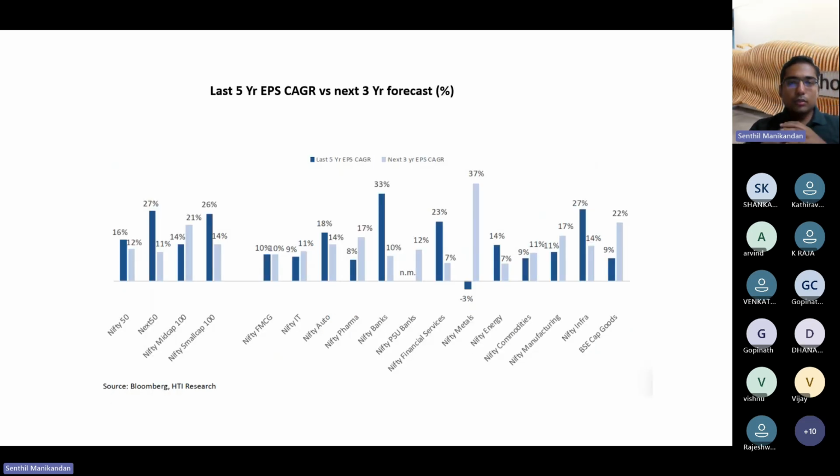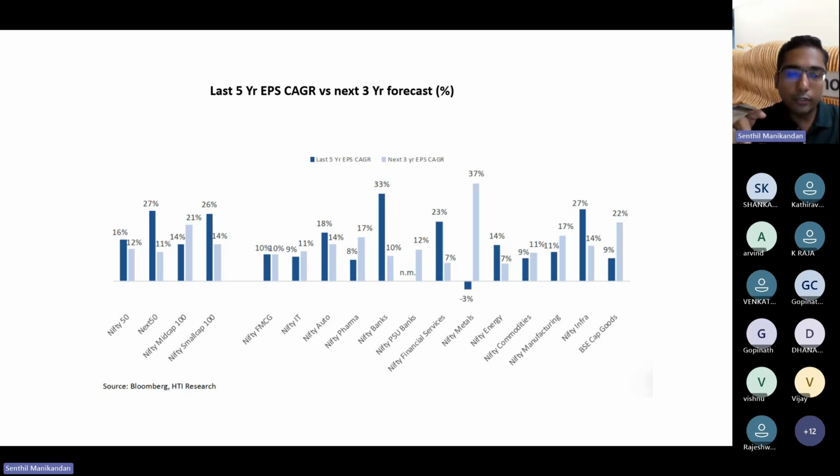So, getting into the forecast for the next 2-3 years, what's the expectation that the market is building in for earnings? If you look at the last 5 years, Nifty 50 EPS CAGR has been 16%. On the other hand, Nifty small cap earnings growth has been 26%.